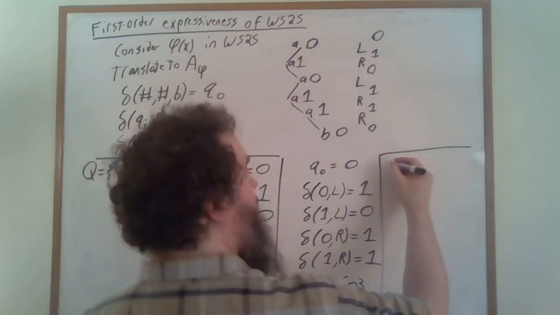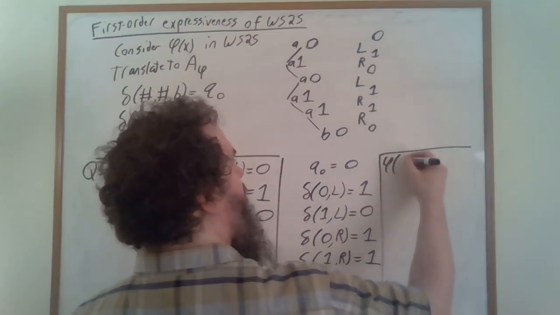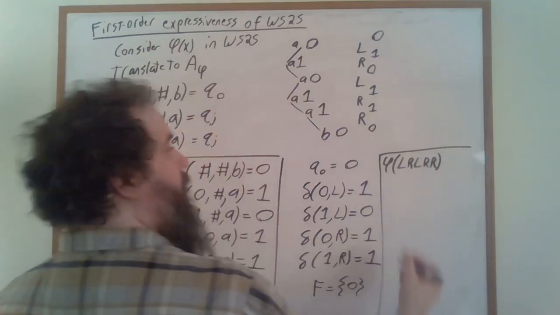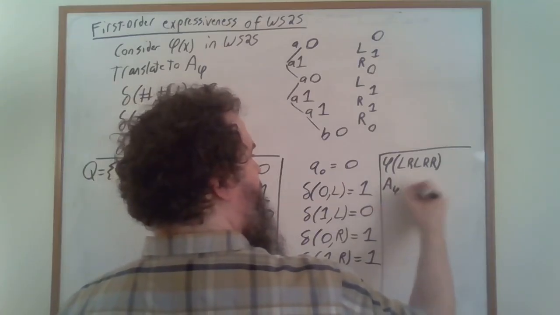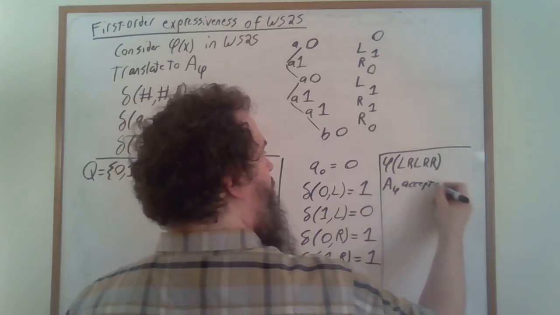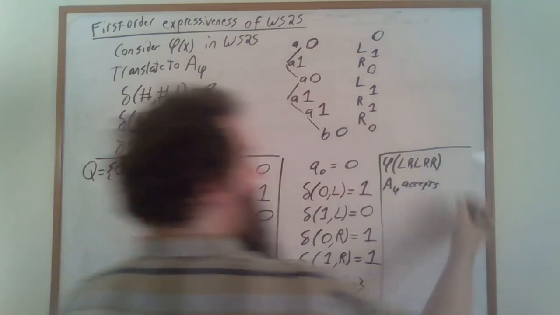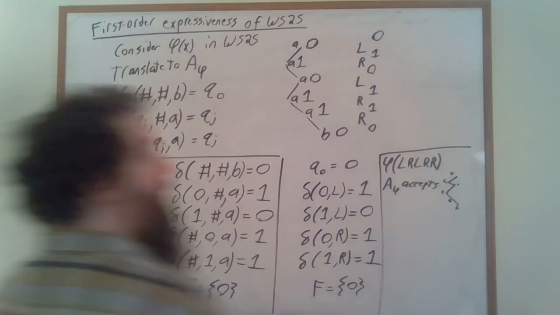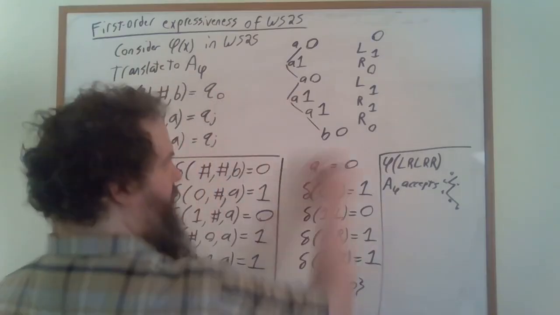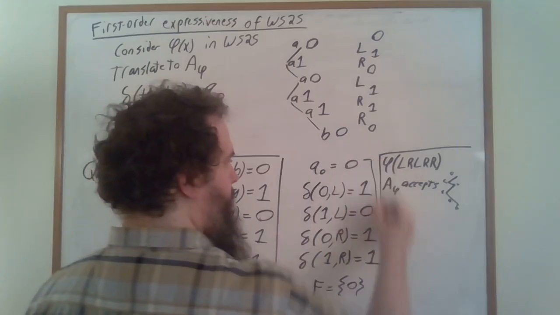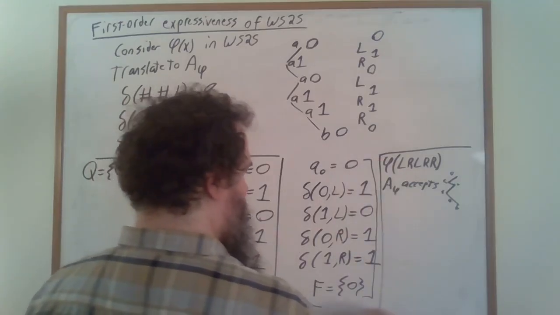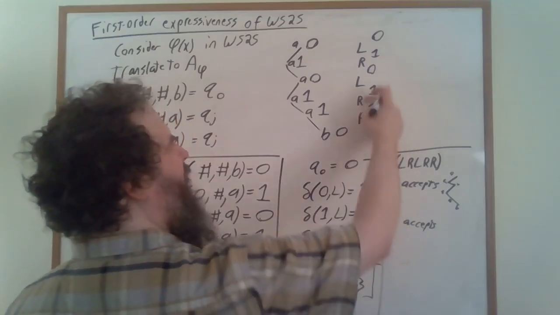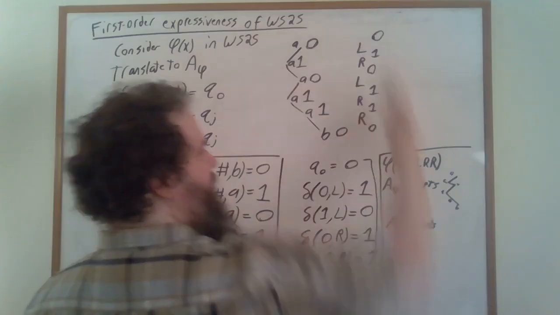And so the fact that phi was true of LR, LR, corresponded to the fact that A sub phi accepts this particular tree word, which corresponds to the fact that this automaton, let's just call it A, accepts this word, RRL, RL, right? We're reading it this way.